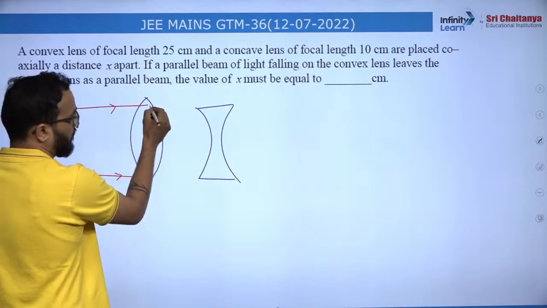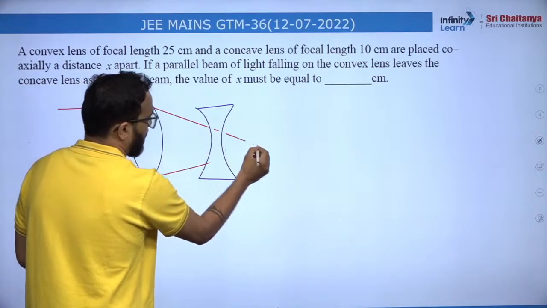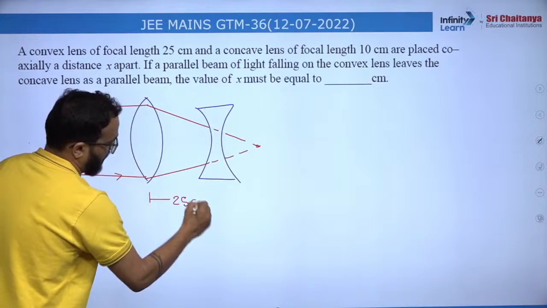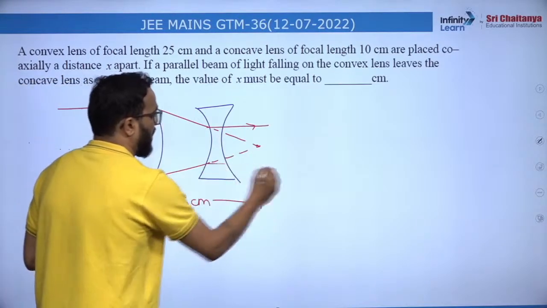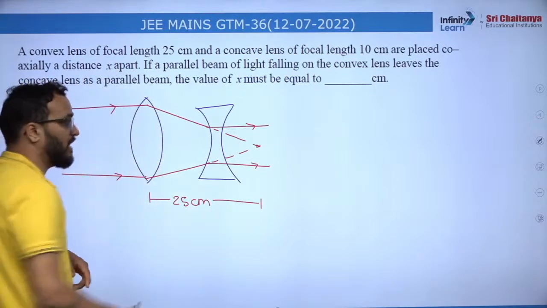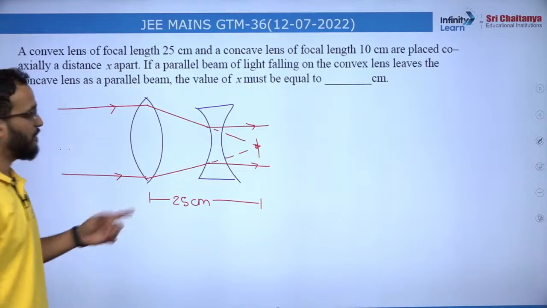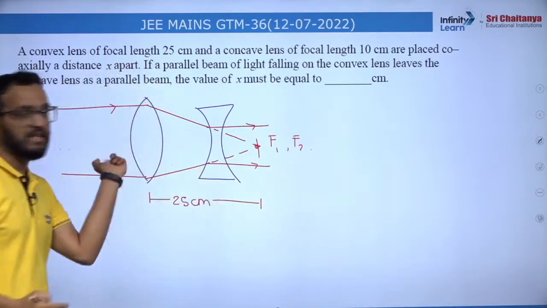So obviously they will try to focus these rays here at a distance of 25 centimeter, and we want that after passing this they should be parallel. So it is possible only if this point is also the focus of the concave lens. That means this point is the focus of both these lenses.